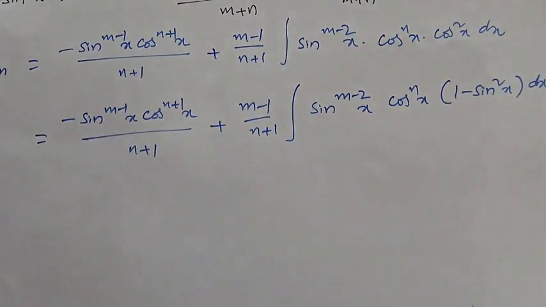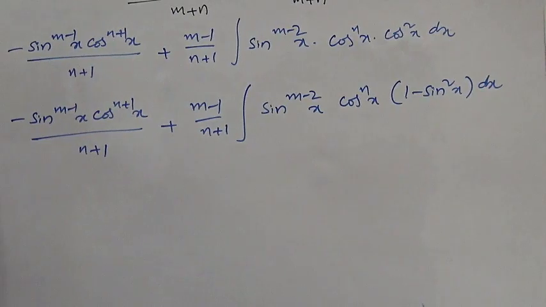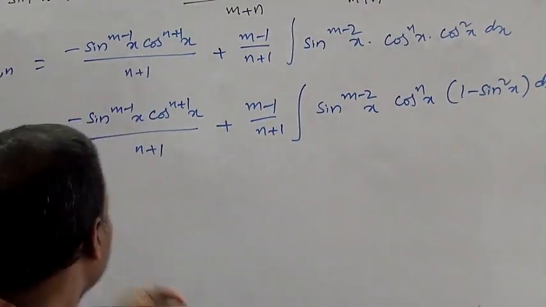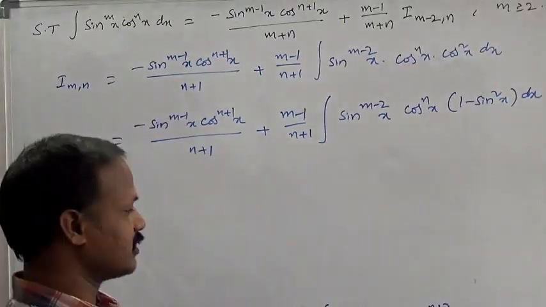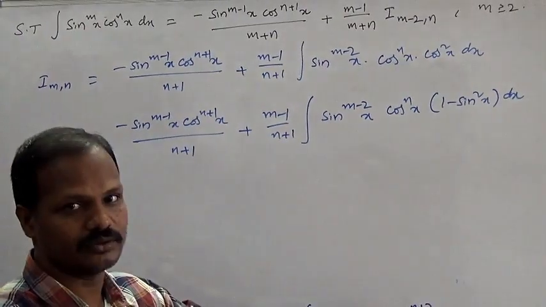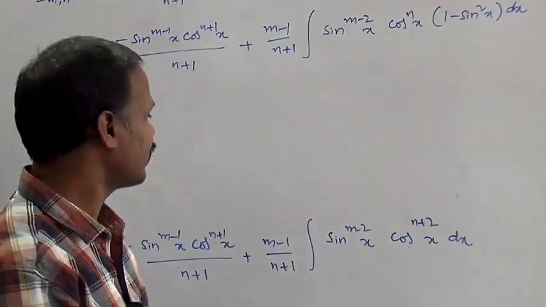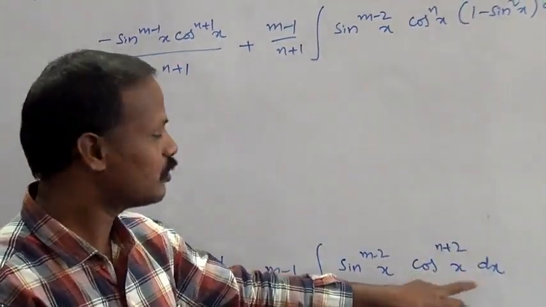Why? Because this is n plus 2. Actually we are going to find I(m,n). In successive reduction, you have to decrease the integer values, you should not increase them. Here n plus 2, so you have to decrease this value. That's why I am splitting this into cos^n x into cos^2 x.